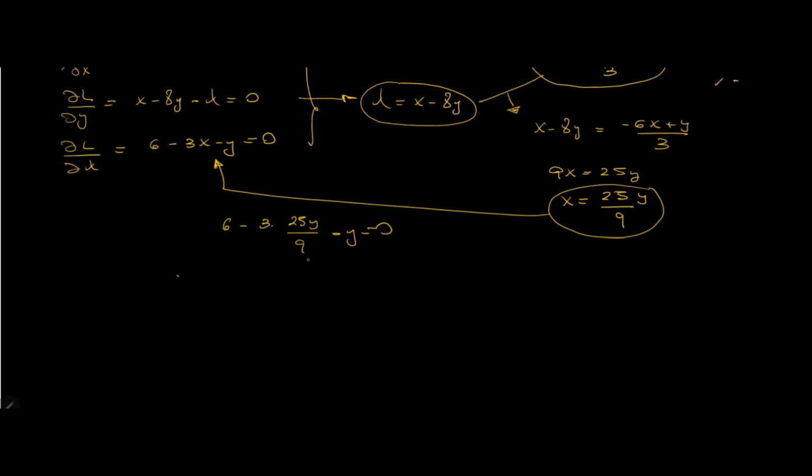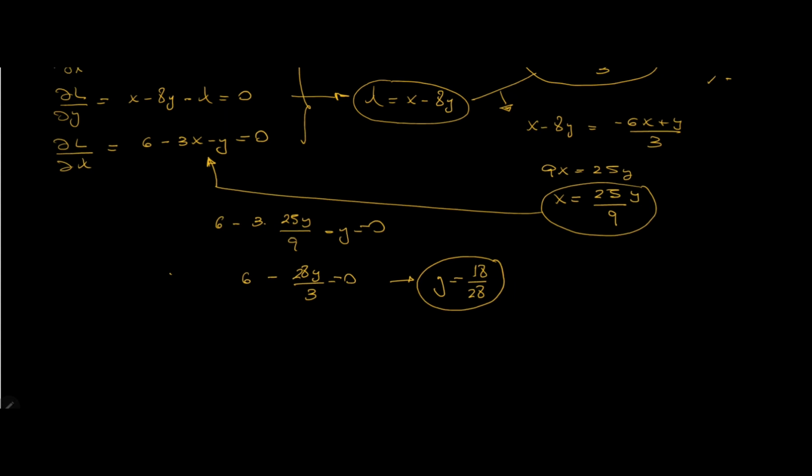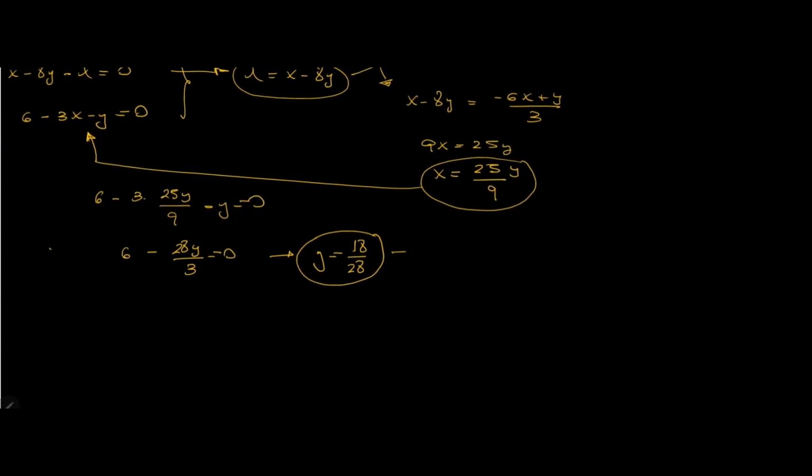So I do all the calculations, and I get 6 minus 28y divided by 3 equals 0. So y equals 18 divided by 28, which if I simplify is 9 divided by 14.